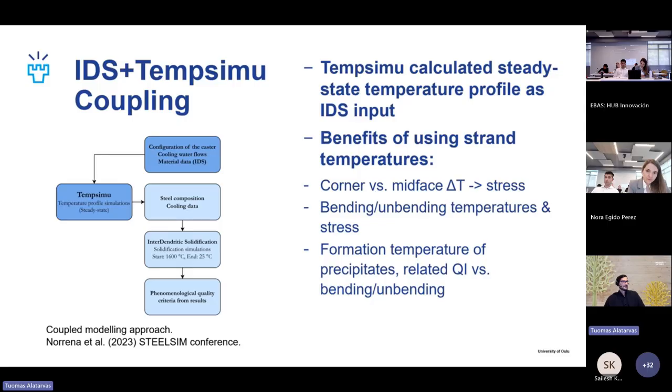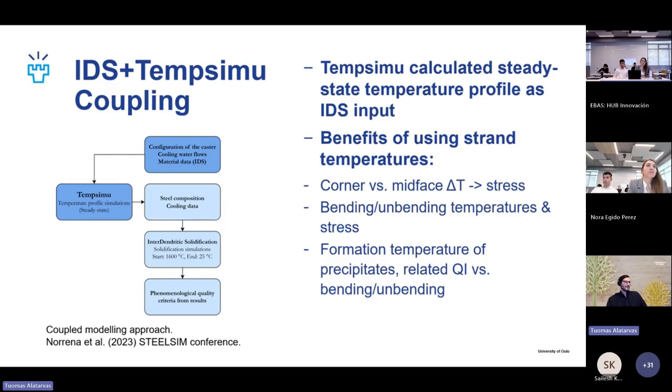And also, what are the temperatures in the bending or unbending zones of the continuous caster, and what is their relation to the stress formed in the strand.